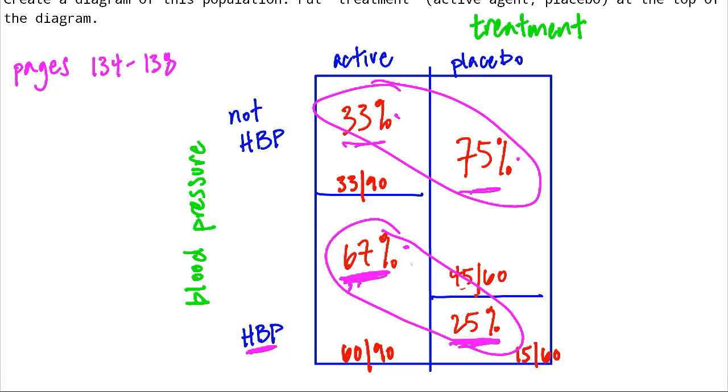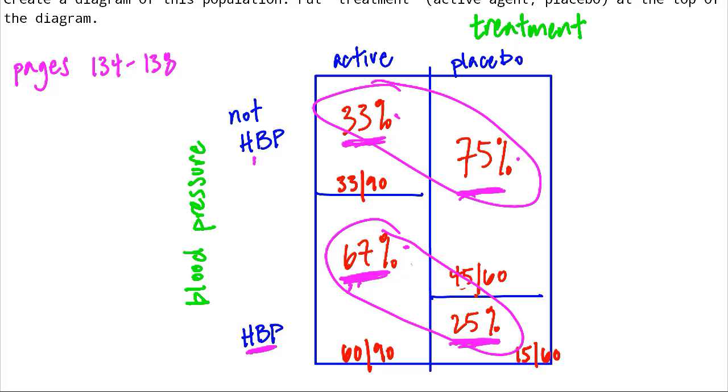Then similarly for the top here, not having high blood pressure goes with having taken the placebo because the 75% is bigger than the 33%. Okay, so that's the idea. So when you're making the comparison between the proportions, you always want to go side to side.